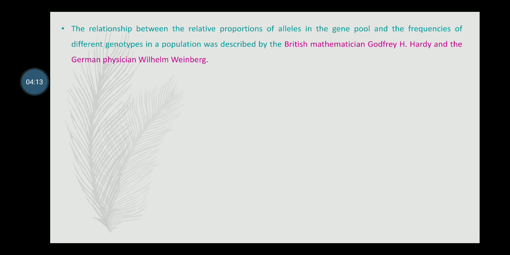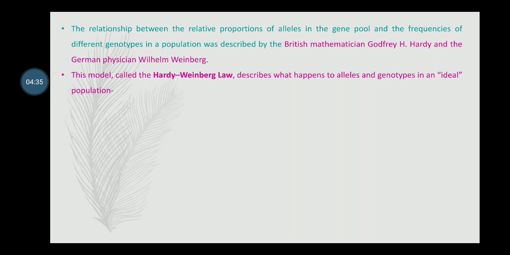Now, the relationship between the relative proportions of alleles in the gene pool and the frequencies of different genotypes in a population was described by the British mathematician Hardy and the German physician Wilhelm Weinberg.